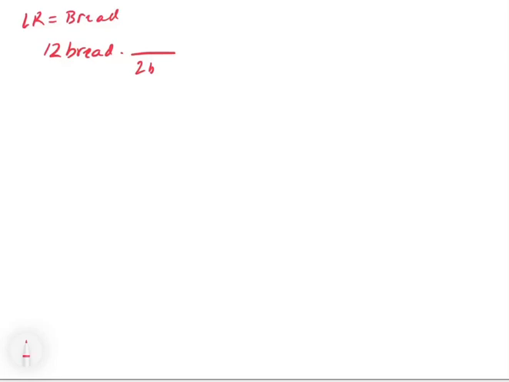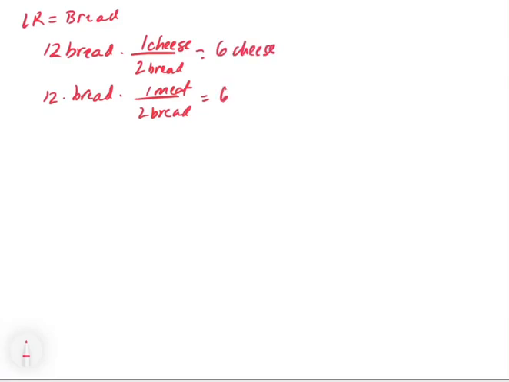For every 2 slices of bread, we use 1 slice of cheese. And the same thing for meat. For every 2 slices of bread, we use 1 slice of meat. So in this case, we're going to get 6 cheese that we use up and 6 meats that we use up.